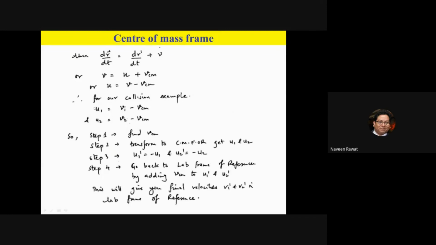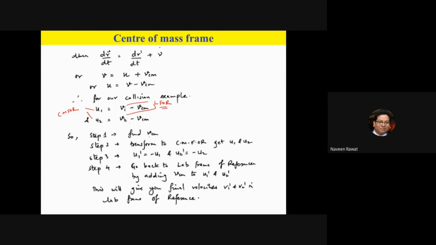You have your center of mass velocity u1 for the first object, in relation to the velocity of that object in the lab frame minus v of center of mass, and the second object u2. These two velocities are in your center of mass frame of reference, right? v1 and v2 are in your lab frame of reference.